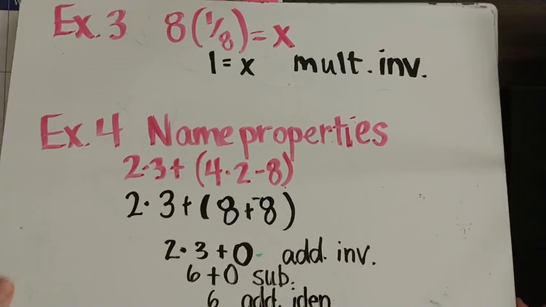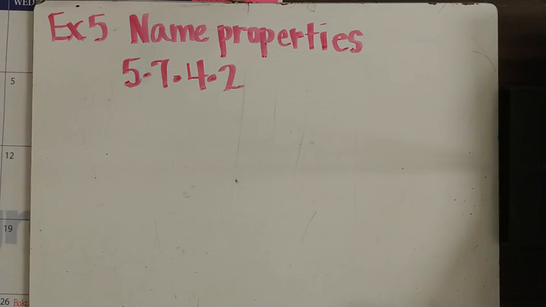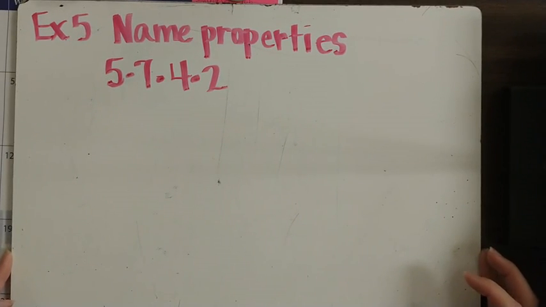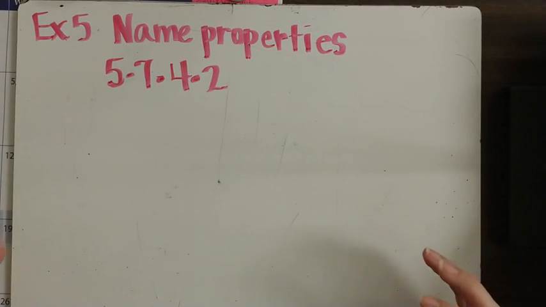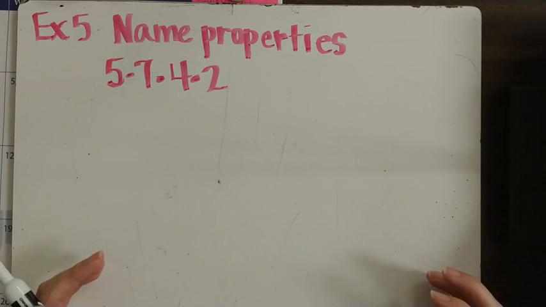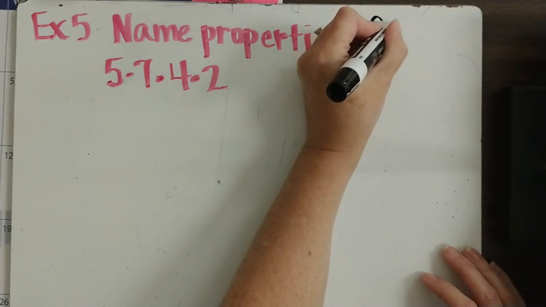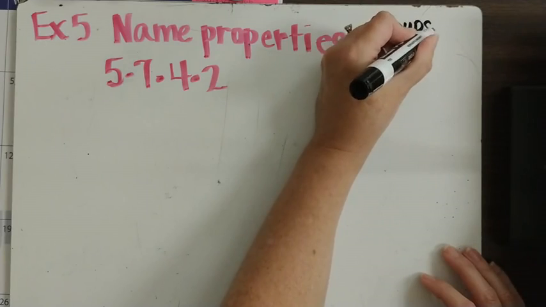I have one more that I would like for you to write into your notes. This again is not listed, but underneath the chart about the miles, you will have a little bit of room to do example 5. We're going to evaluate this by using properties. Sometimes when you are given a whole bunch of numbers and you want to do the same operation, you want to try to make groups of 10.